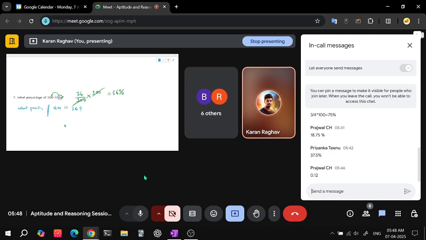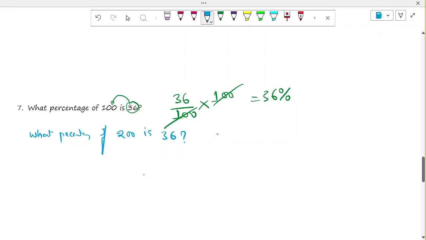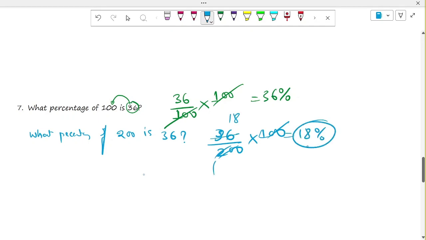You can use the similar format and try to tell me the answer. Here I want you to understand what is actually the meaning of percentage. Yes, it is 36 divided by 200 into 100. So it will be equal to what? 2 ones are 18, so it is actually 18%.